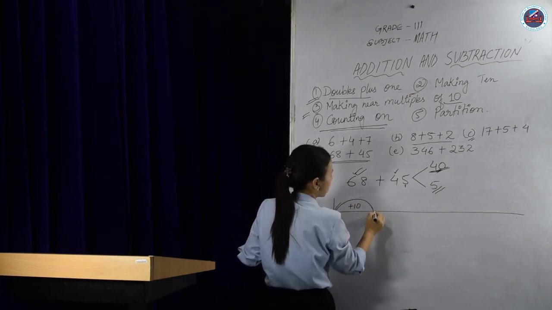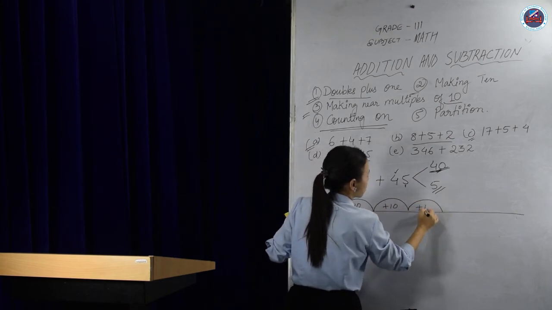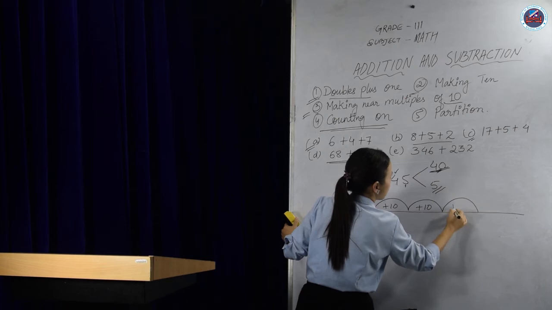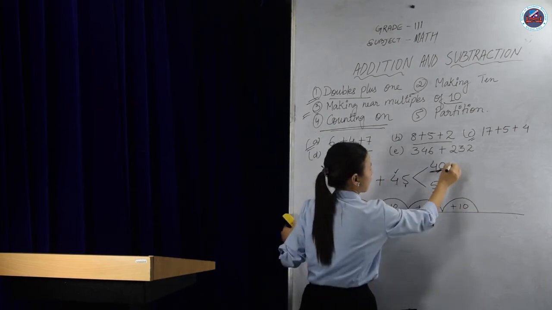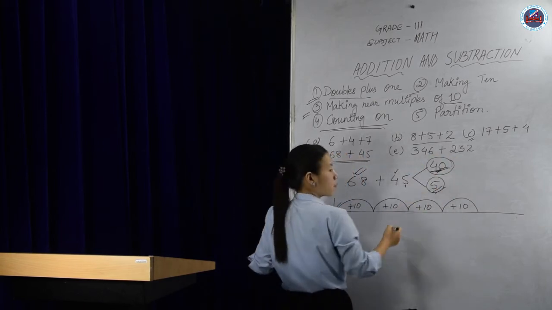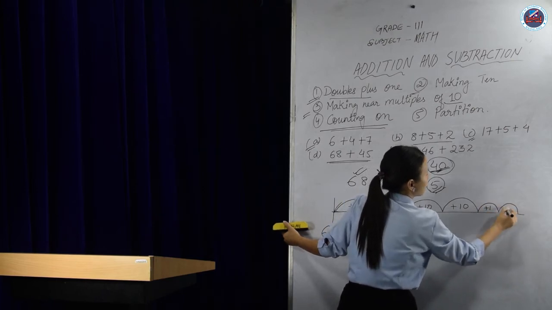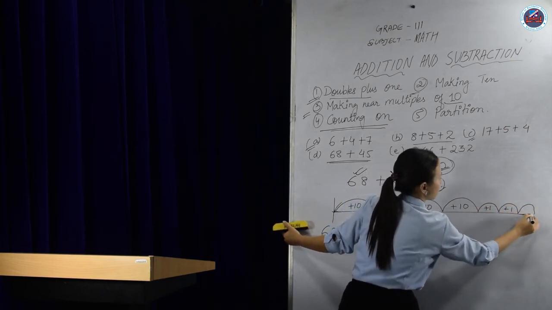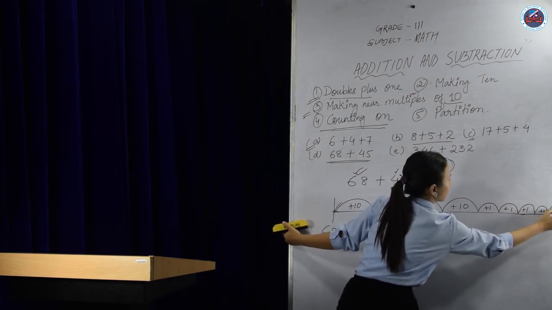This is 1 ten, second ten, third ten, and then another ten makes 40: 10, 20, 30, 40. And then it says 5 ones, so we are going to take 1, count 5 times.